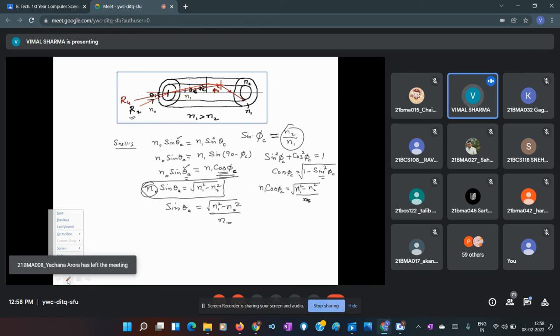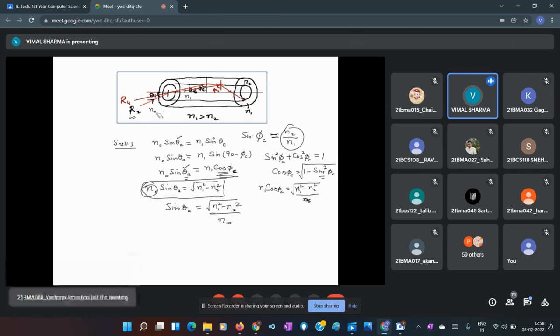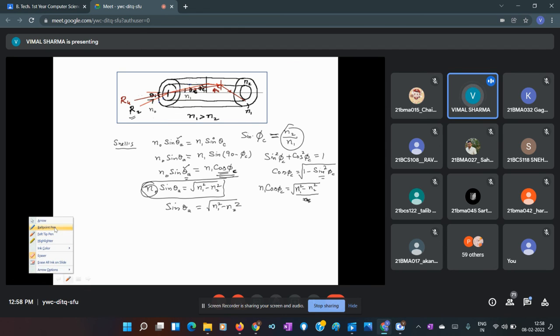And what is this n naught? This n naught is the refractive index of air, and the refractive index of air we can take as 1. So I can write that sine theta a is under root n1 square minus n2 square, and the sine of the angle of acceptance is called numerical aperture.